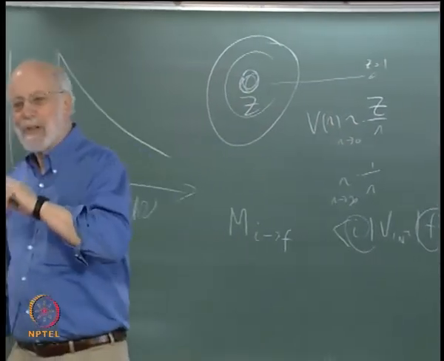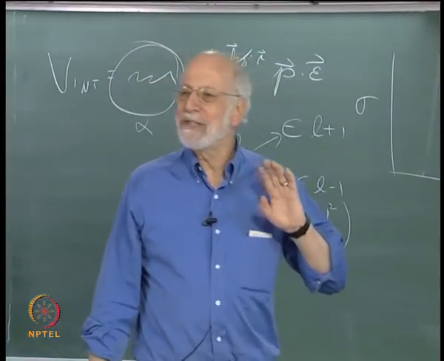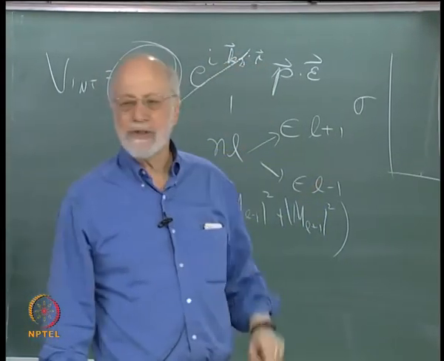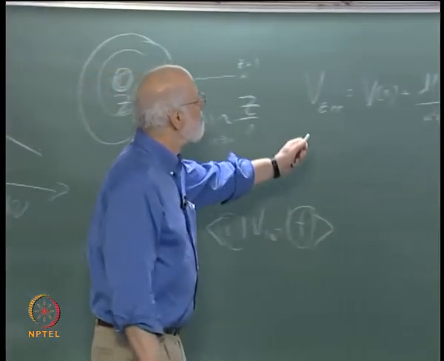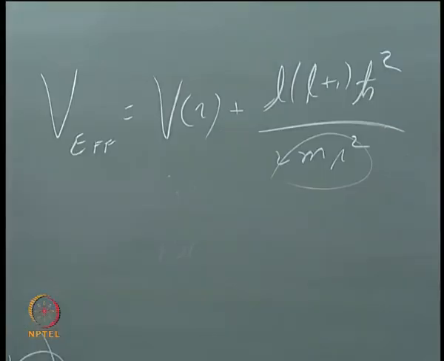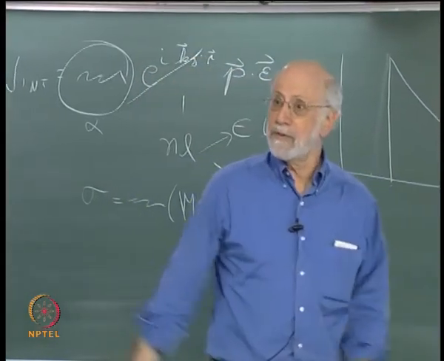However, just considering this, without doing any detailed calculations, has some consequences, because this V of R is attractive. This is repulsive. Anybody who has ever swung something around knows that that force is repulsive.